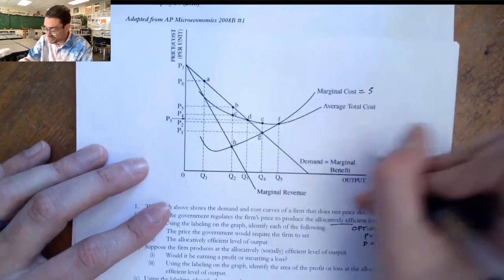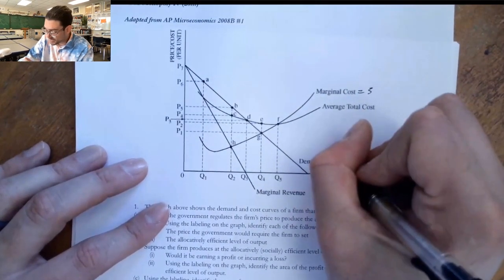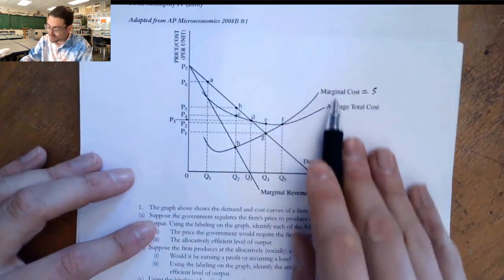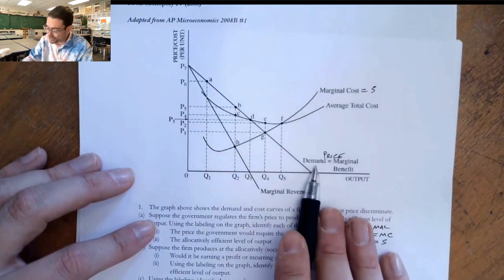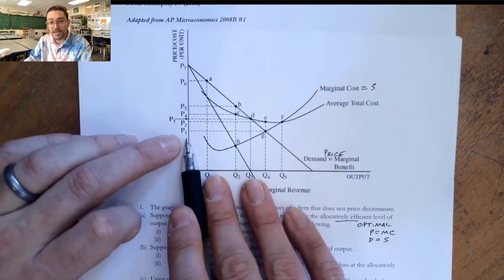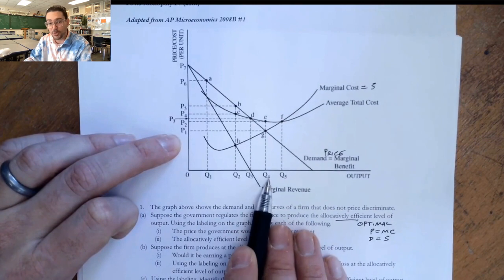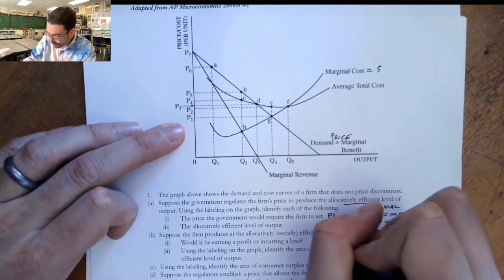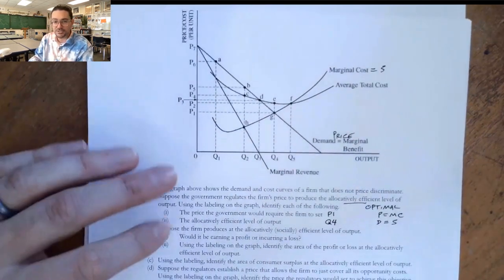The demand curve tells us what price people are willing to pay. So where do marginal cost and demand equal each other? That happens at point G. That price is P1, and that quantity is Q4. So we're going to say P1, Q4. I'm going to rewrite that here in just a moment.